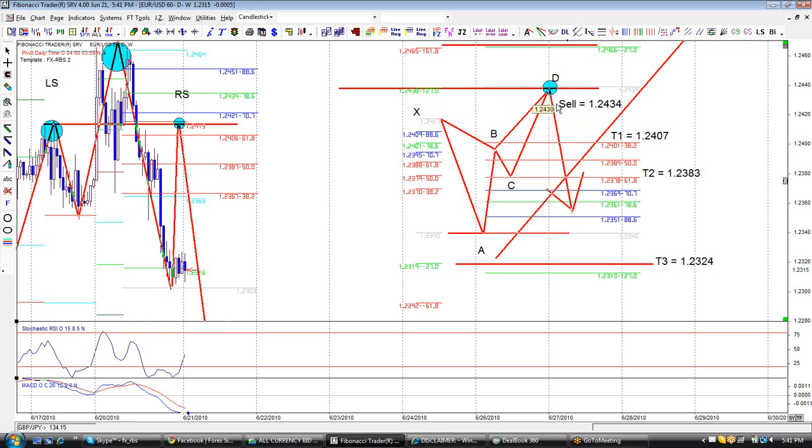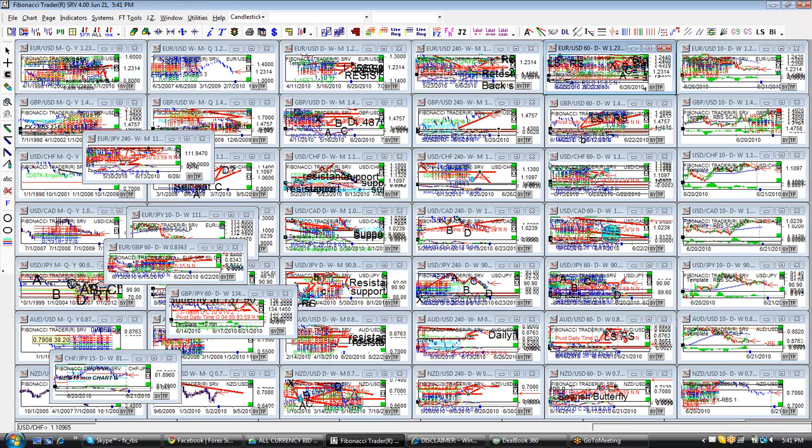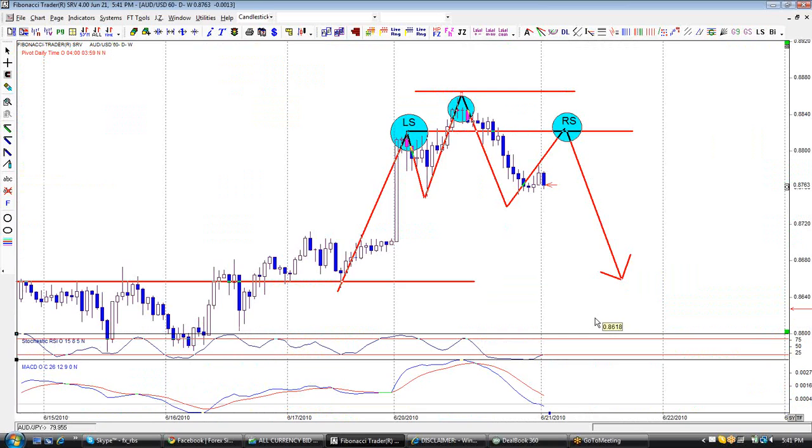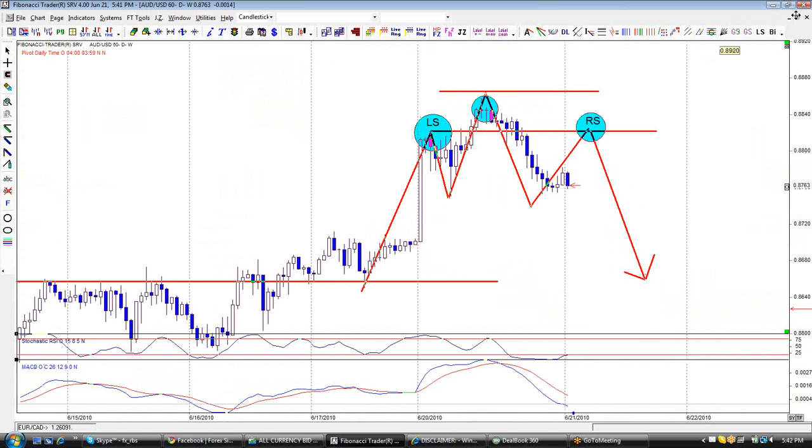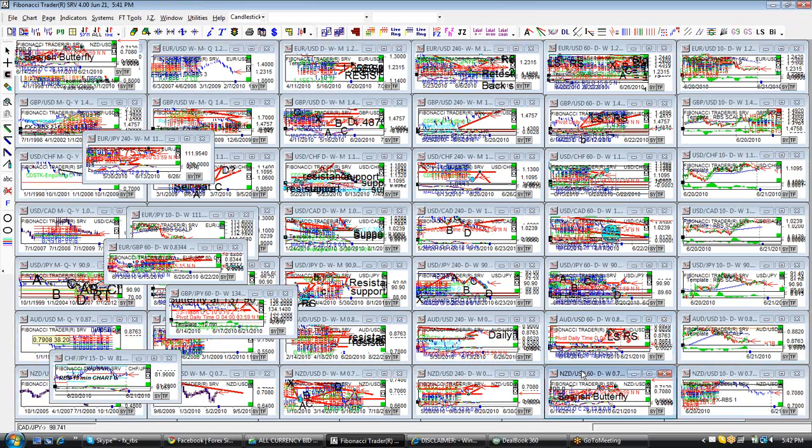We fine-tune the entry with the butterfly of the smaller time frame, but then we can add additional positions as limits for that big price pattern that we want to trade from the bigger time frame. Now, I will give you an example of where and how we can find butterflies.